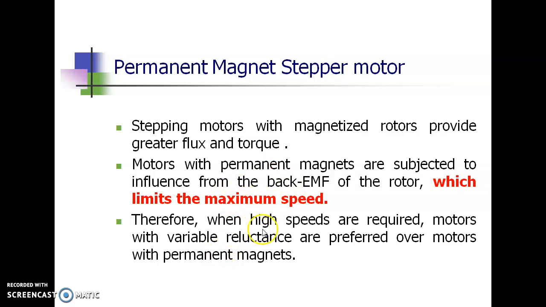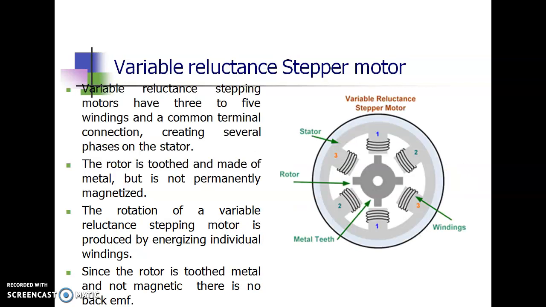Therefore, when high speeds are required, motors with variable reluctance are preferred over motors with permanent magnets. So when you go for higher speeds, the next choice is the variable reluctance stepper motor instead of the permanent magnet stepper motor.